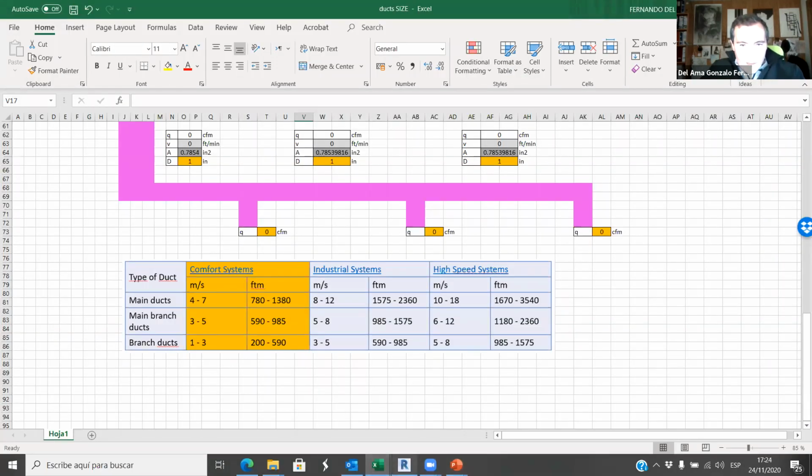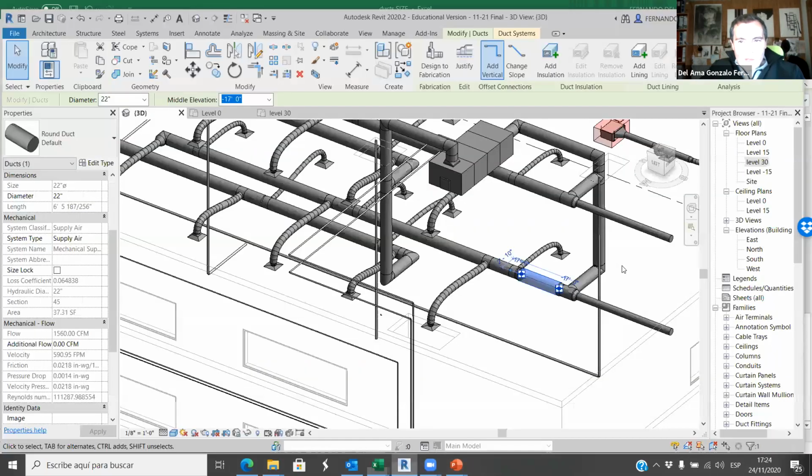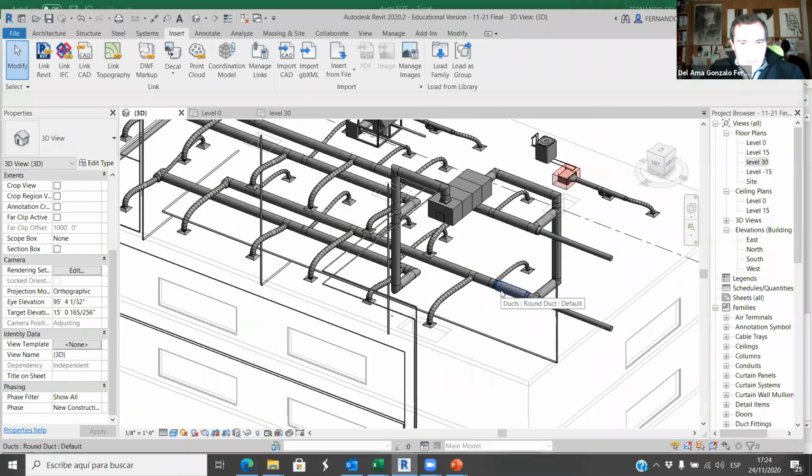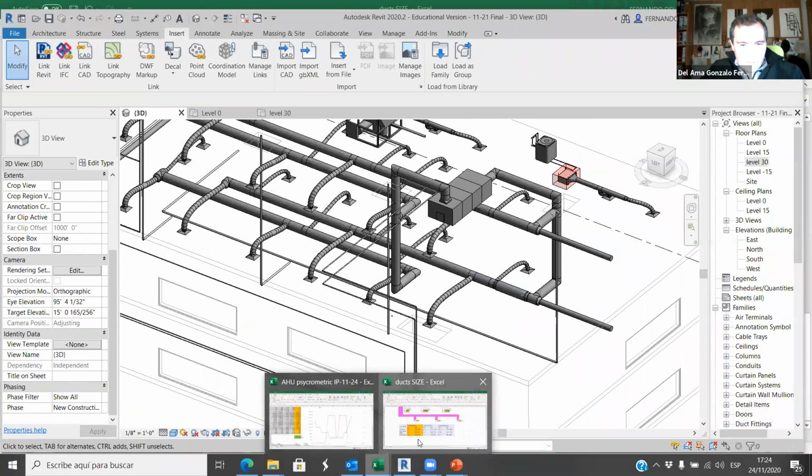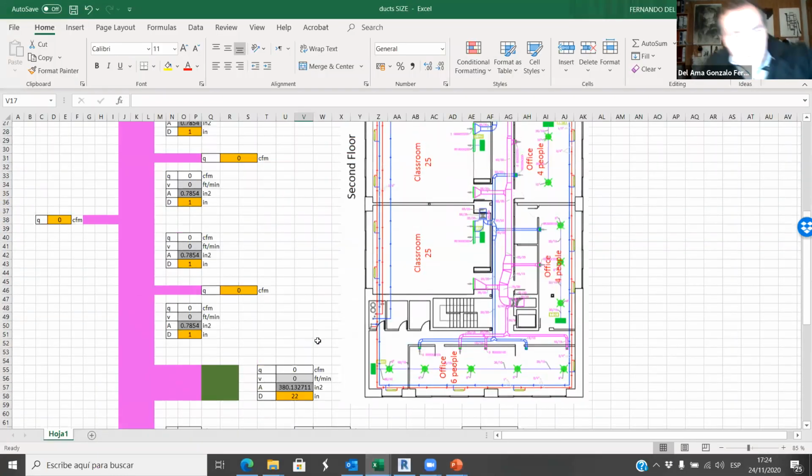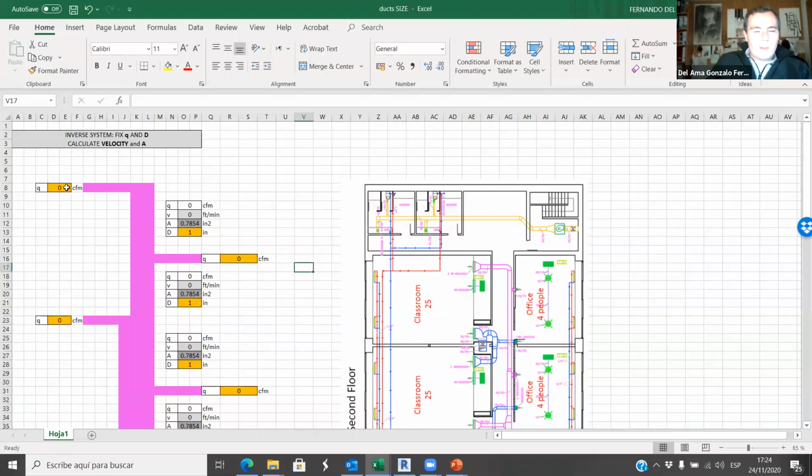Okay. So we can do this easily with Revit, but we can do the same with this Excel file. So this is what I want to show you. Here we have to type the airflow. So if this classroom has 25 people, 25 times 20 is 500. So this is 500 CFM.